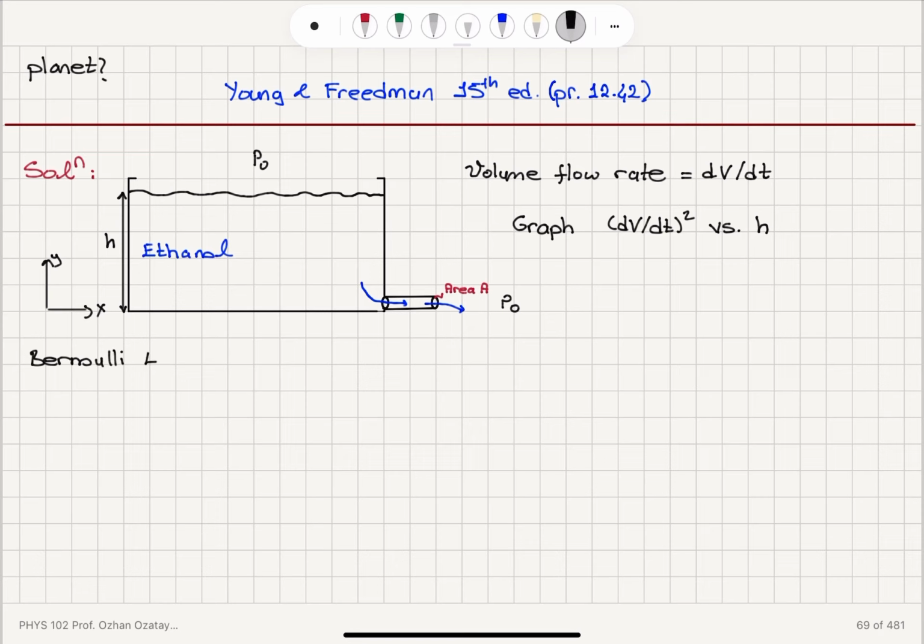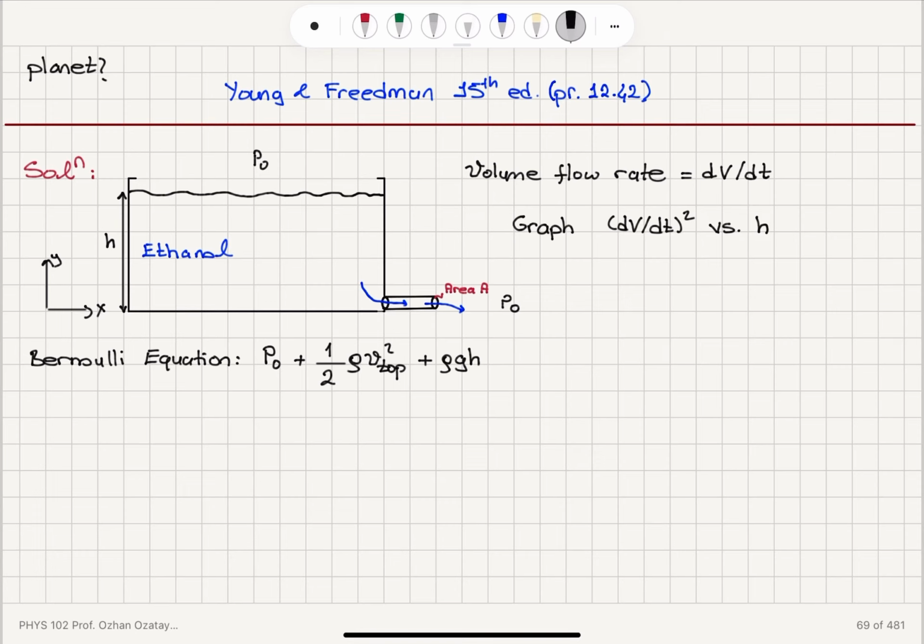Bernoulli's equation tells me that when I start from the top surface, the outside pressure P0 plus 1/2 rho v_top squared, the kinetic energy term for the speed of the ethanol at the top surface, plus rho g h, the potential energy term.